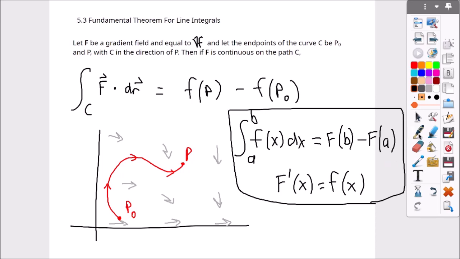Pretty crazy, pretty nuts. It falls under pretty much the same idea as this right here, but this is more useful for multivariable calculus, because in multivariable calculus you go in a bunch of different directions, and there is no fundamental theorem for just multivariable integrals, but there is one for line integrals.